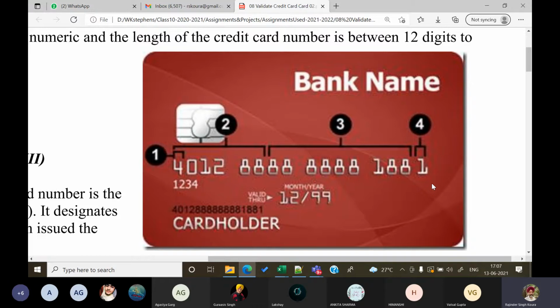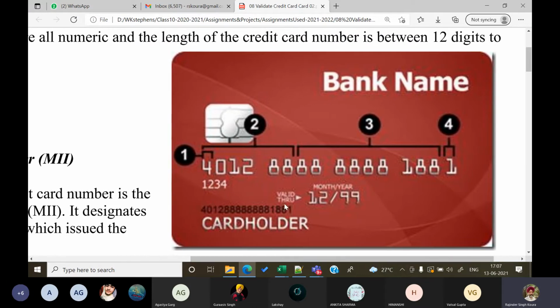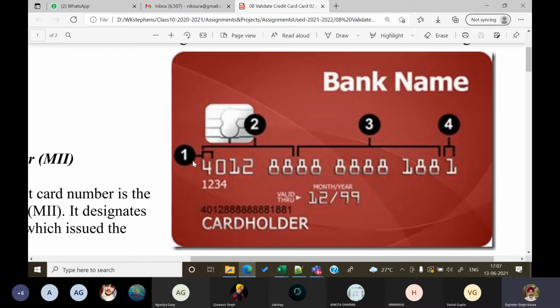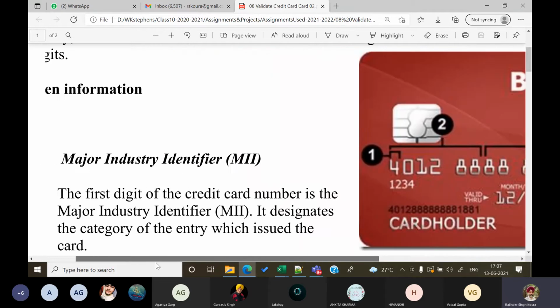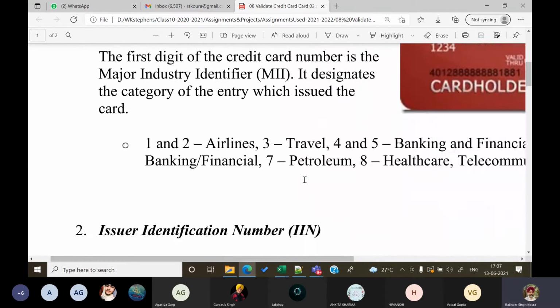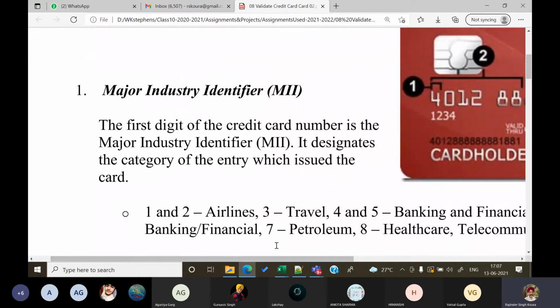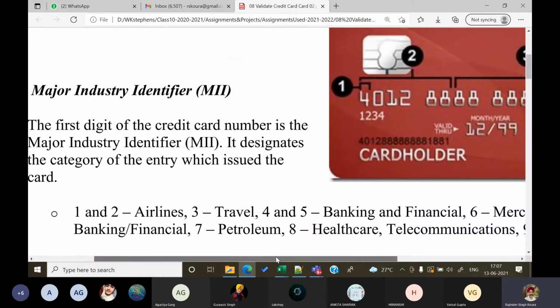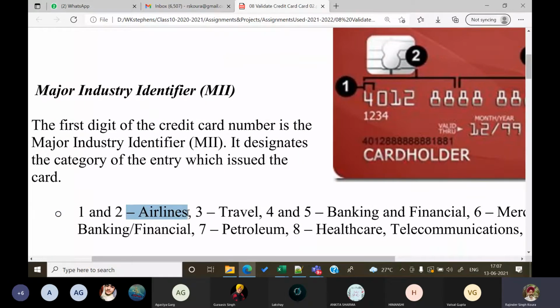Suppose this is a valid card, 16 digits का है. अभी आपने validation नहीं करी है according to numbers, but you can see that the whole card number is basically divided into various parts. The first digit itself is the major industry identifier, which is called MII. It tells you whether this card is meant for airlines, or for travel, or for banking and financials.